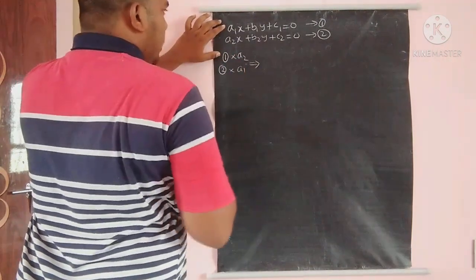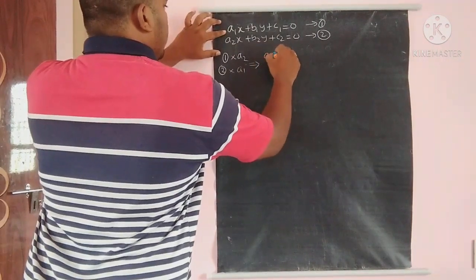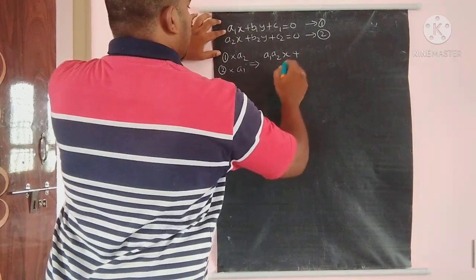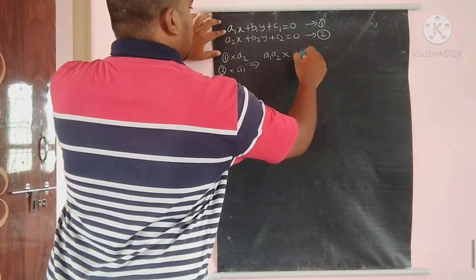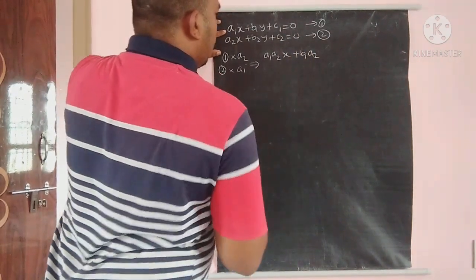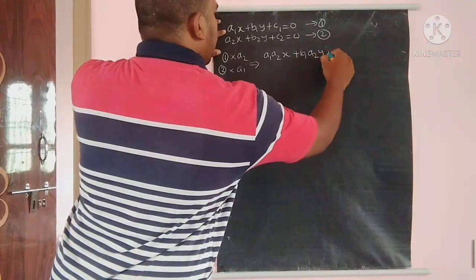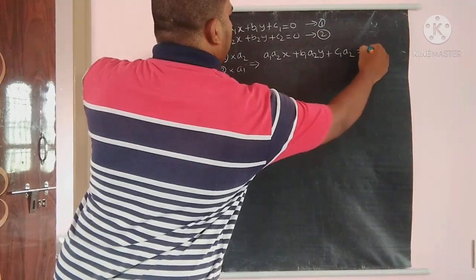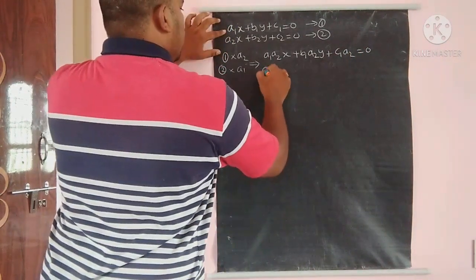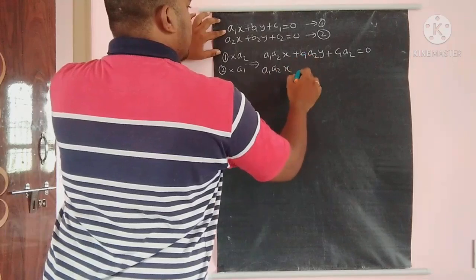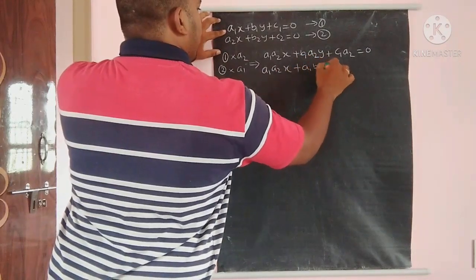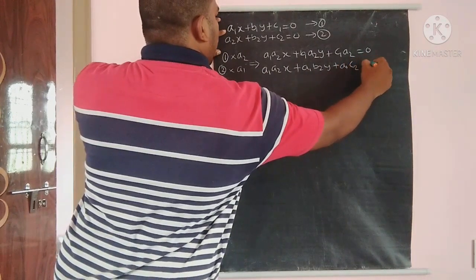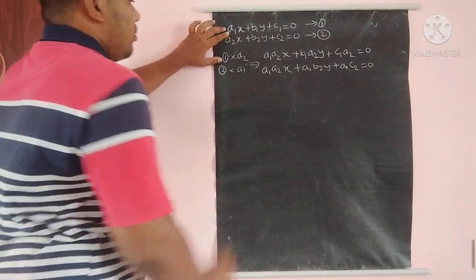So that will result a1 a2 x plus b1 a2 y plus c1 a2 is equals to 0. Similarly here a1 a2 x plus a1 b2 y plus a1 c2 equals to 0.